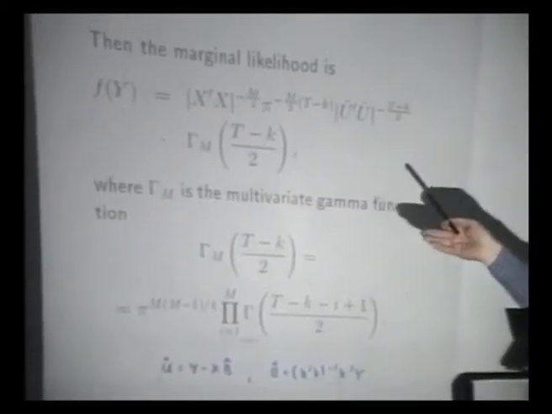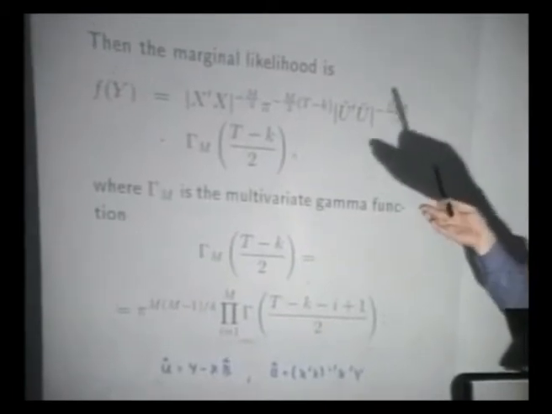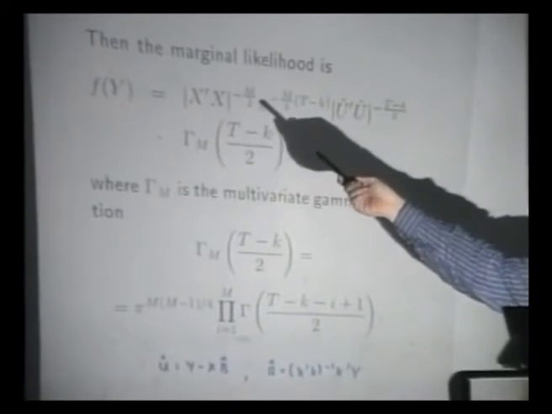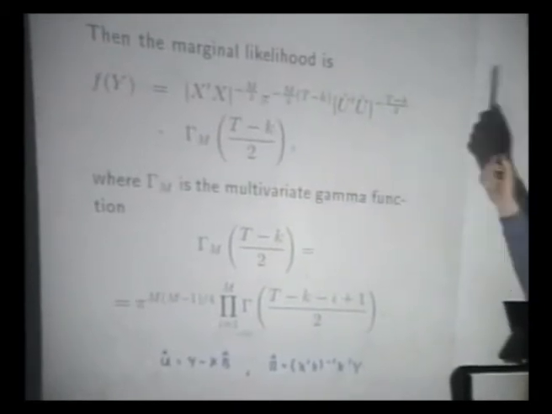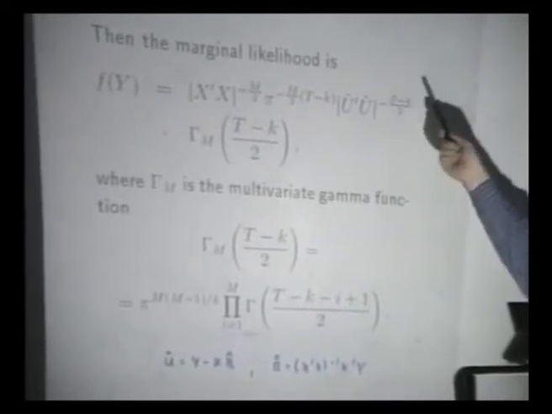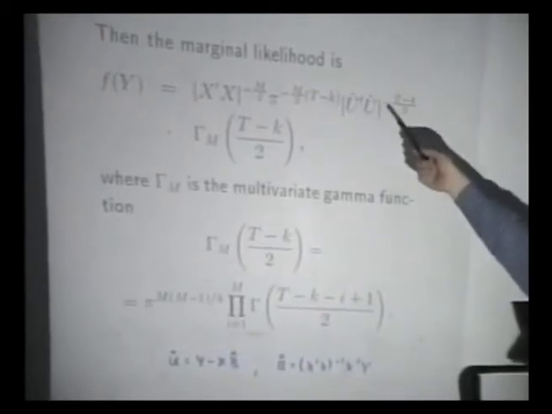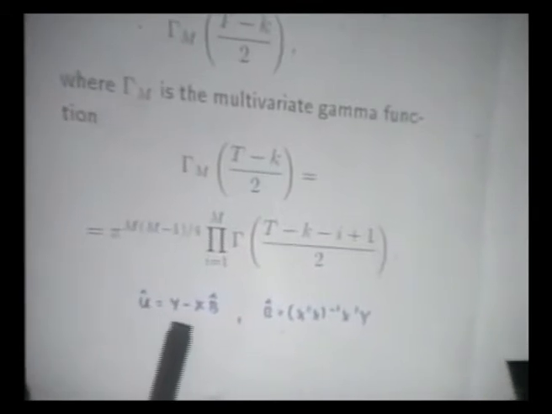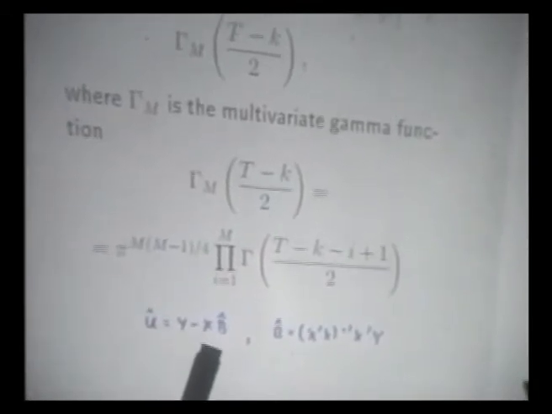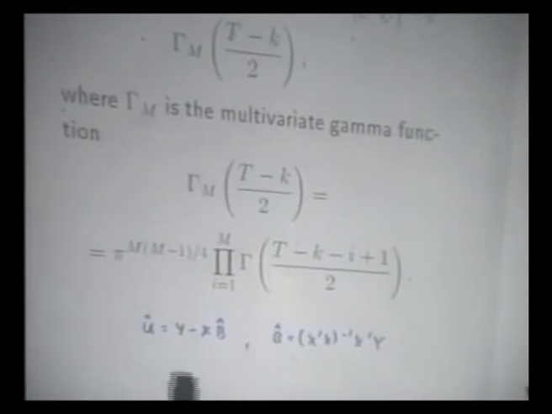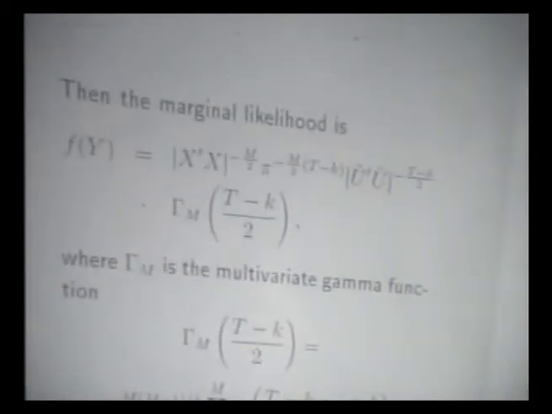So again, you have essentially three or four terms. You have the matrix X prime X. You have the residual variance, which is now a determinant of the residual covariance matrix, U hat prime U hat. And if you want to know what U hat is, it is Y minus X B hat, and B hat is now the multivariate OLS estimate, not the univariate one. So that's the generalization.